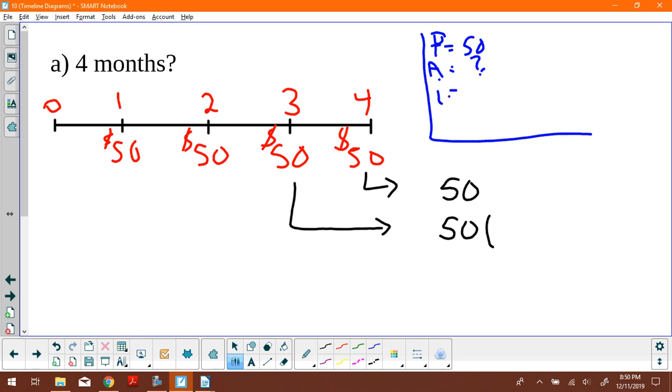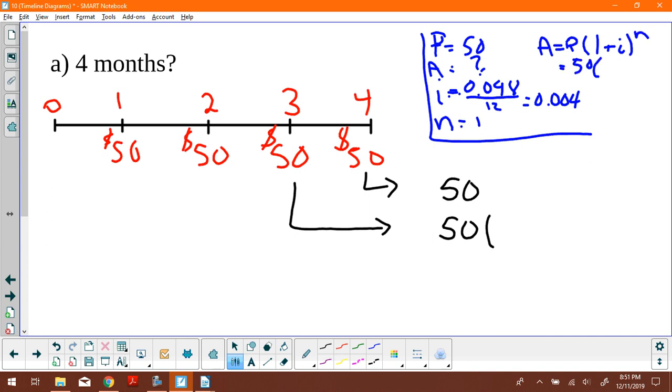I is the interest rate per compounding period, so that's 0.048, the 4.8% as a decimal, divided by 12, so 0.004. And for n, remember, it's the number of compounds. This is there for just 1 month, so it's going to be 1. So our formula is A equals P times (1 plus I) to the n.